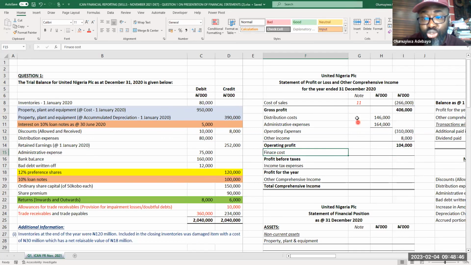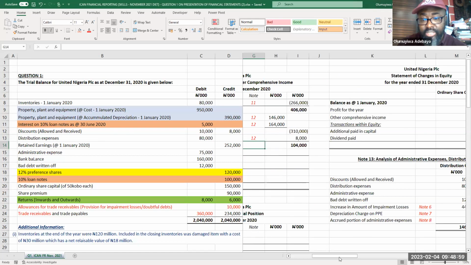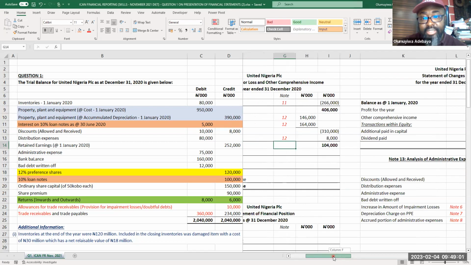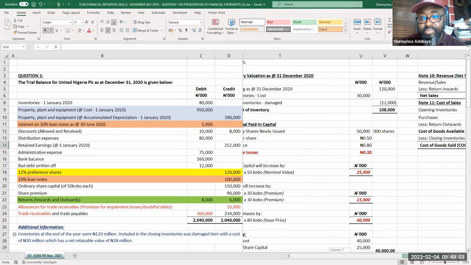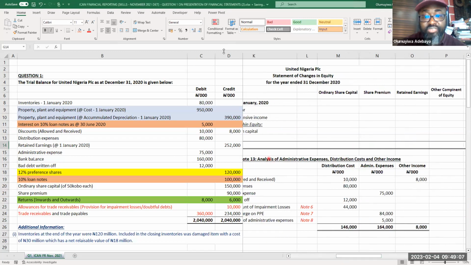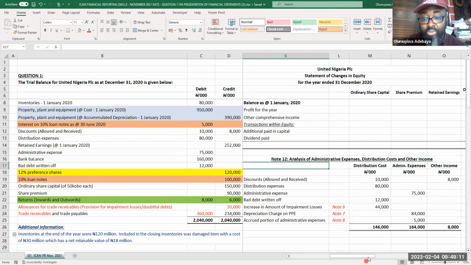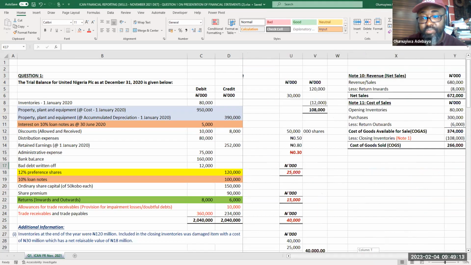Remember, this is note 12, are we? Yeah. Not 12. I use one note to do, is it not 12? That's not 13. Which one is not 12? Okay, I labelled it wrongly. This is not 12, not 13. Okay, finance costs.